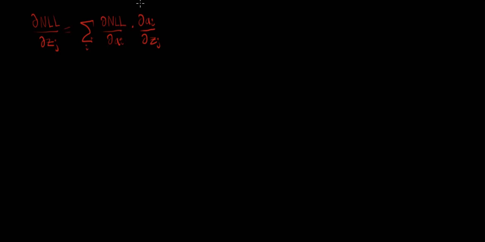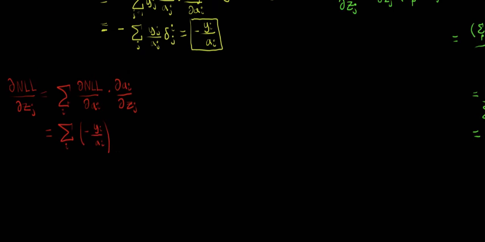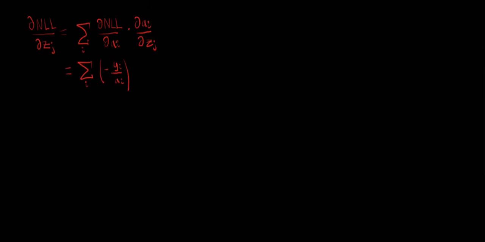Okay, so we have these two results, and so we can just plug them in. So this becomes sum over I. This is just negative yi over AI. If you recall from the last video, we had that result right here.